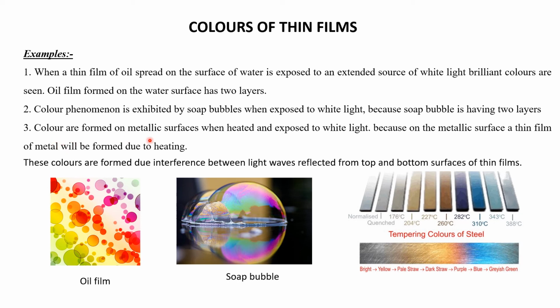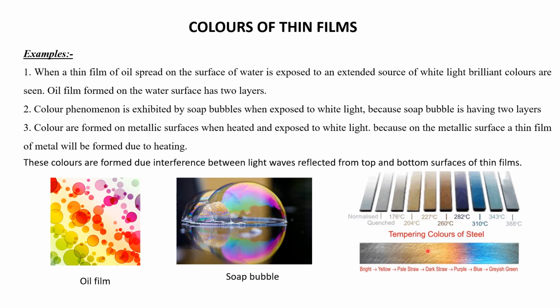Now colors are formed on metallic surfaces when heated and exposed to white light, because on a metallic surface a thin film of metal will be formed due to heating. Here you can see the steel gradually heating: at 176 degrees centigrade, this will be the color; at 227, this will be the color; at 282 degrees, this will be the color. So depending upon the temperature and the exposure to white light, you can see the formation of colors on this steel.